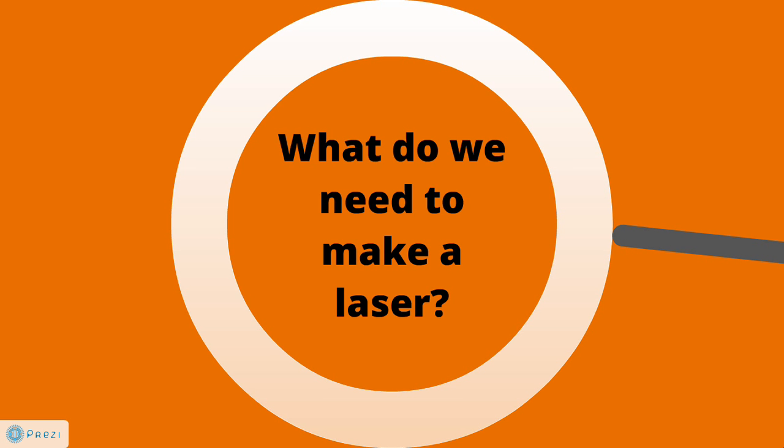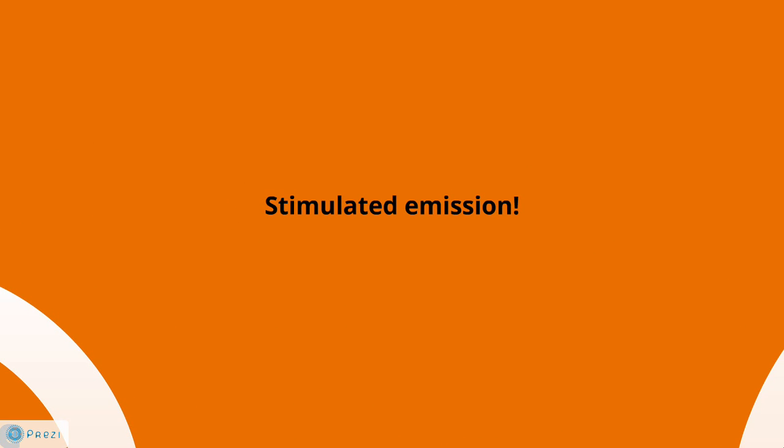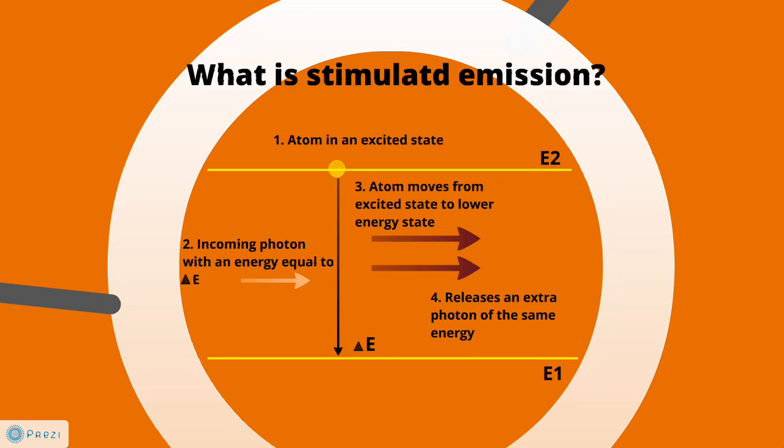Thinking about how the word laser is actually an acronym for light amplification by stimulated emission of radiation, we know that we need stimulated emission. So how do we get that?